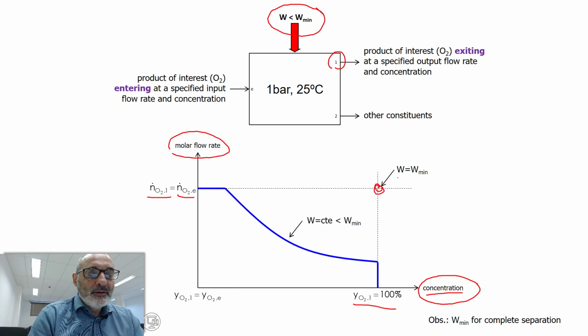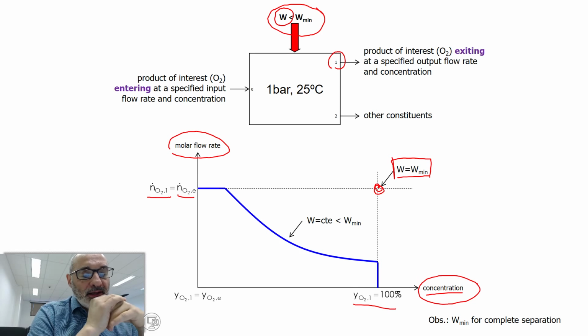But now I'm not going to inject this amount of work. I'm going to inject a quantity that is smaller. So what I could get is, instead of 100%, I could get 99, 98%.